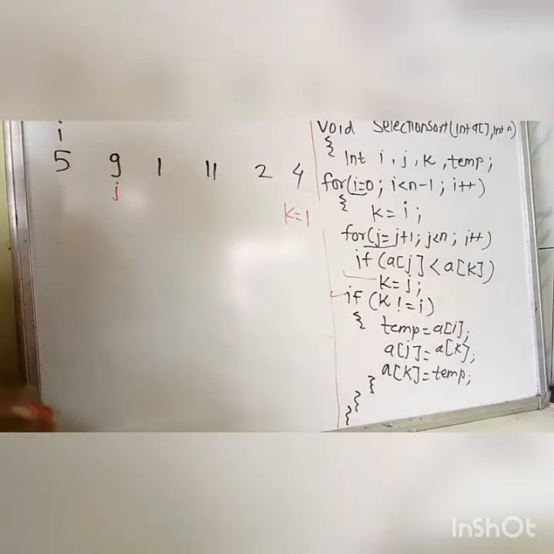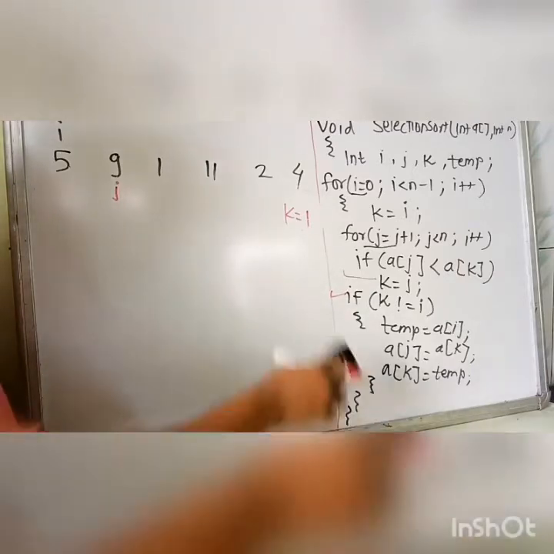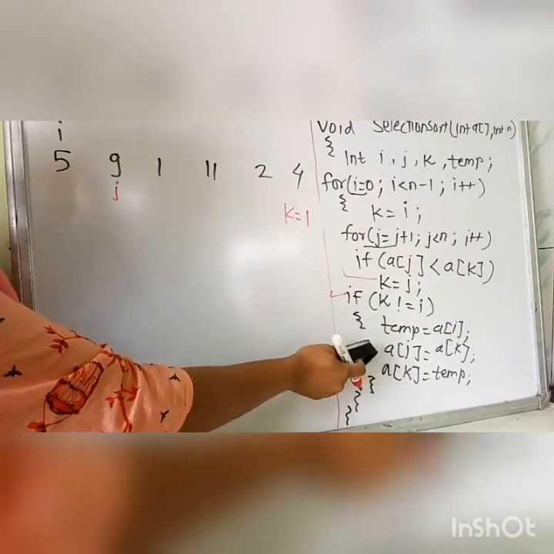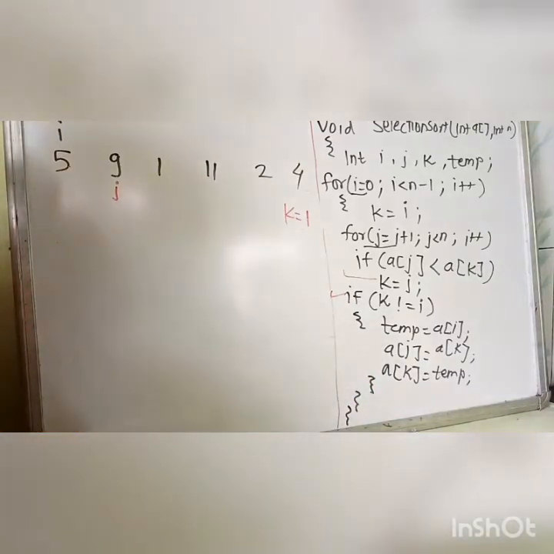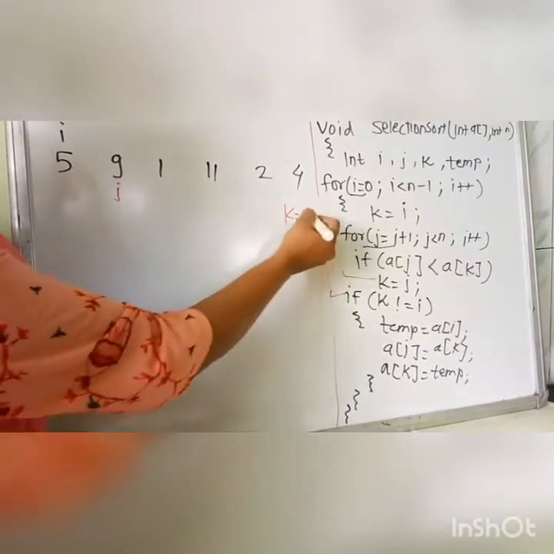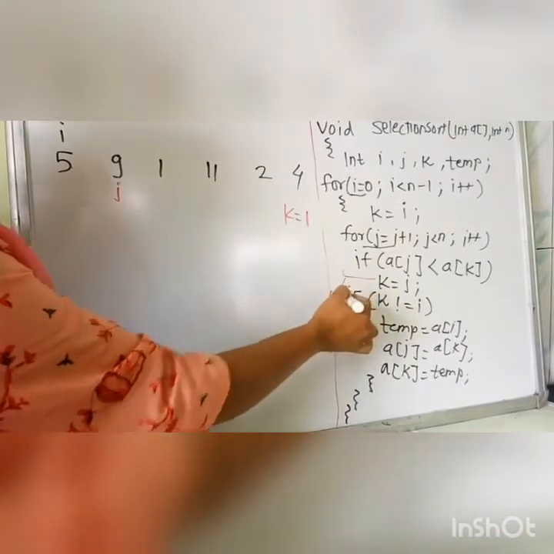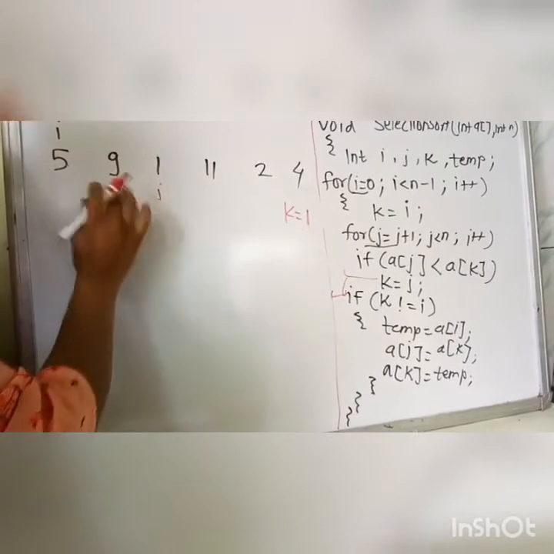If k is not equal to i, it comes into the block for the further procedure. As we swap, this is a further process, not part of the j loop. Now we do j plus plus here.